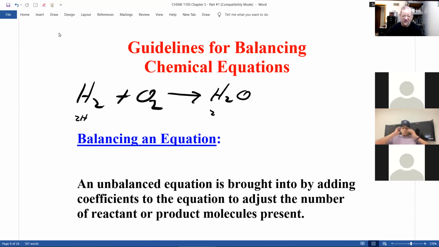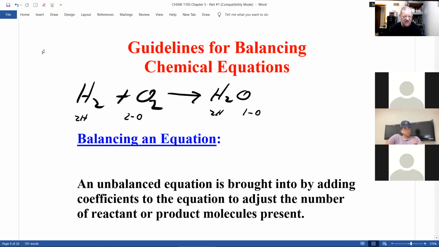Oh, look, I have two hydrogens here. I have two oxygens here, and for this I'm going to put a dash so you know I'm not writing the number 20. Uh-oh, we only have one here. This is not balanced. And we have to make it balanced. And how do we do that?